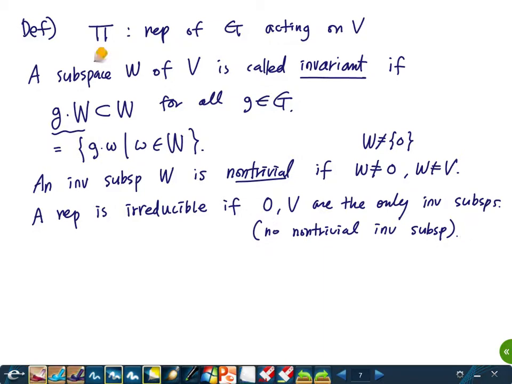And of course, I defined this for just a representation of a Lie group. The same definition works for representations of Lie algebras.